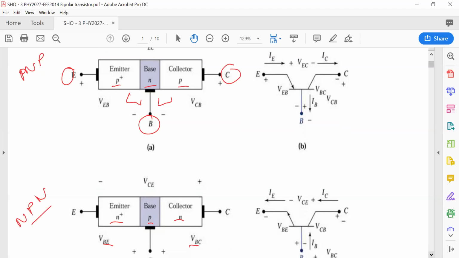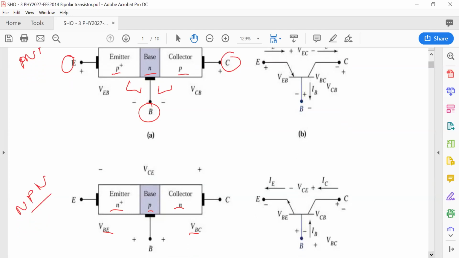You can see that on this schematic of the NPN, that's the common mode. The first junction here is forward biased, and the second junction, VBC as it's known, is in reverse bias.